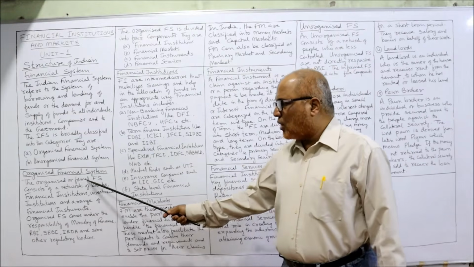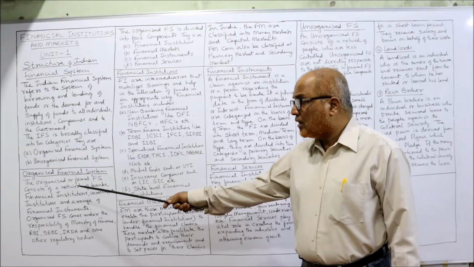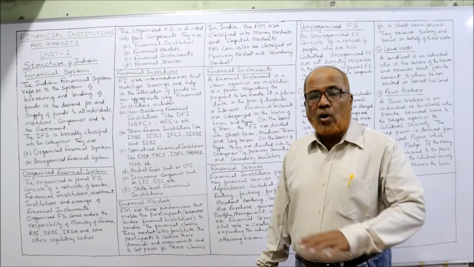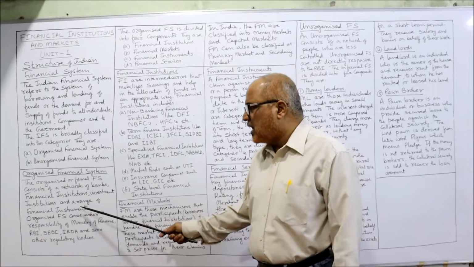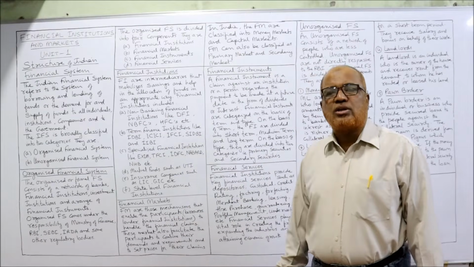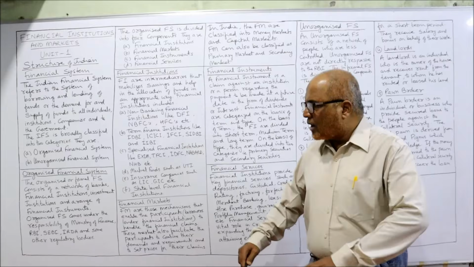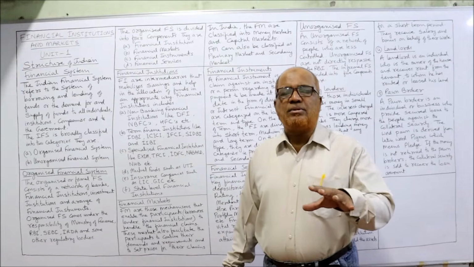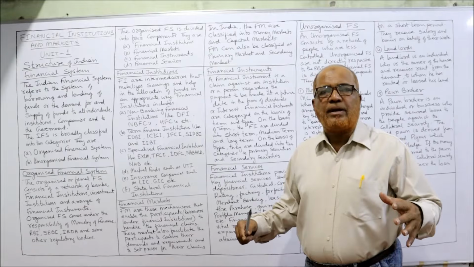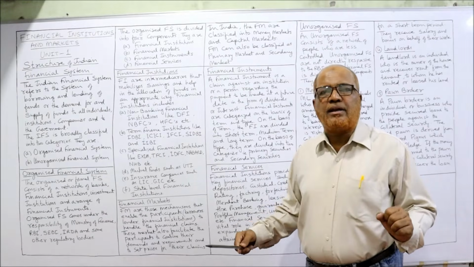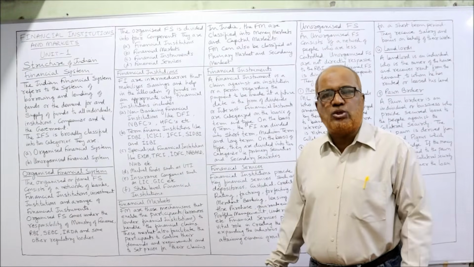The organized or formal financial system consists of a network of banks, financial institutions, investment institutions and a range of financial instruments. The complete organized system is a network of banks, investment companies, non-investment companies, and apart from that government and individuals.